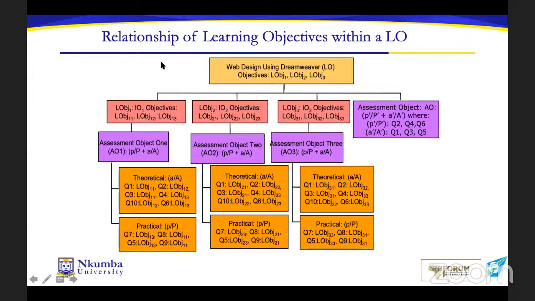Within the content under objective 1, under topic 1, you had sections there, 1, 2, 3, 4, up to 9. And each section is linked to a question. If a student fails question 10 and question 6, that means the areas within that component were not mastered.